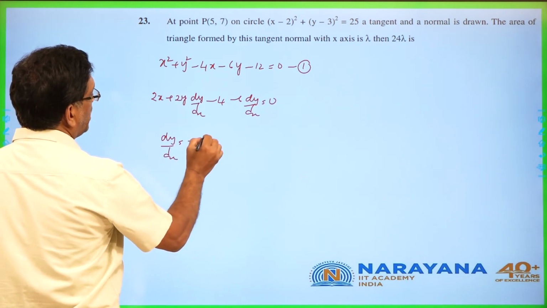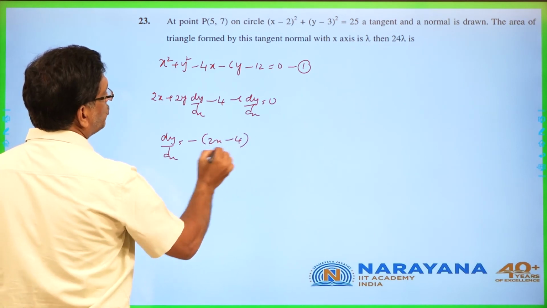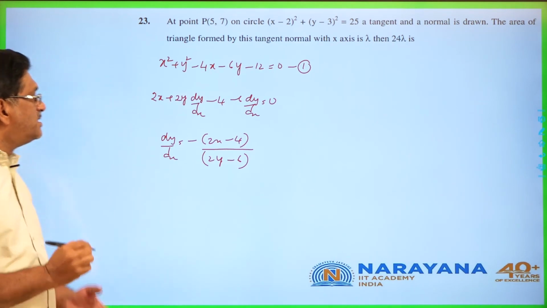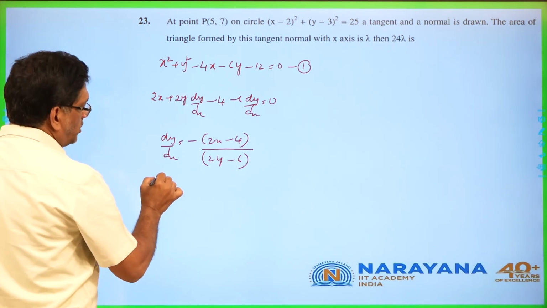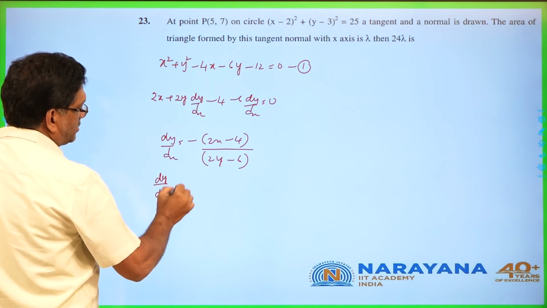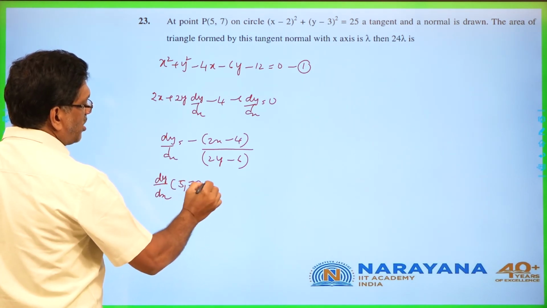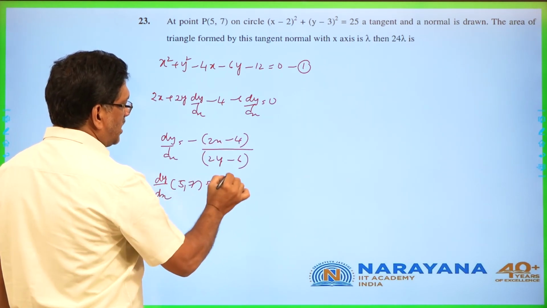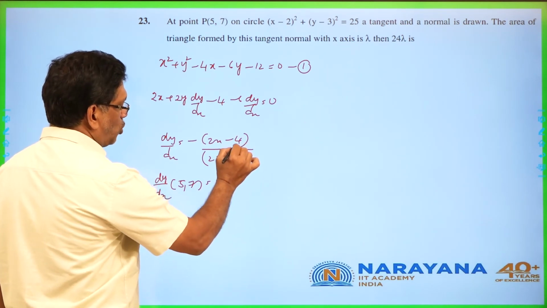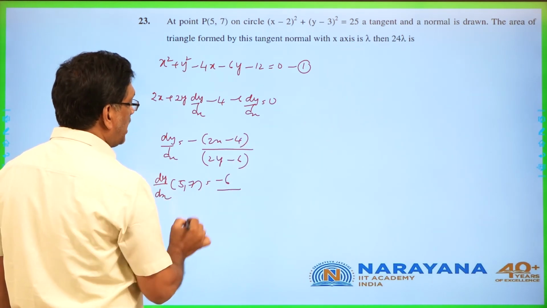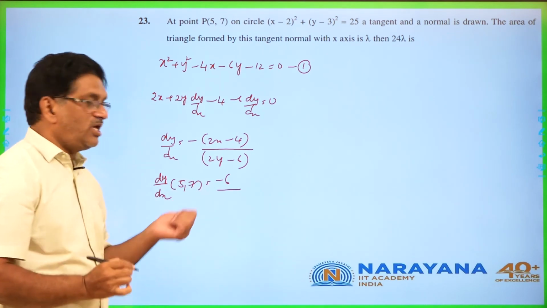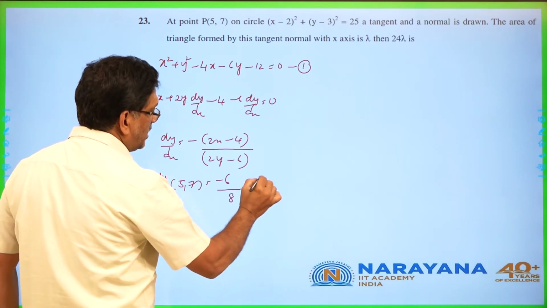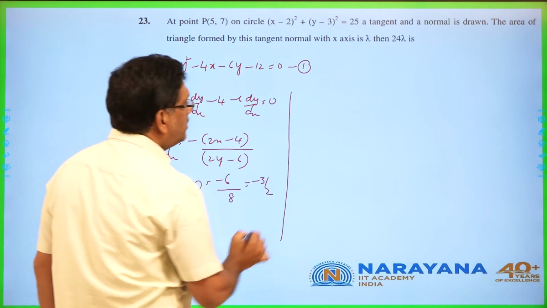So dy by dx is minus of (2x minus 4) by (2y minus 6). I want dy by dx at the point (5, 7). Substituting, 2 into 5 is 10, 10 minus 4 is 6, by 2 into 7 is 14, 14 minus 6 is 8, so the slope is minus 3 by 2.